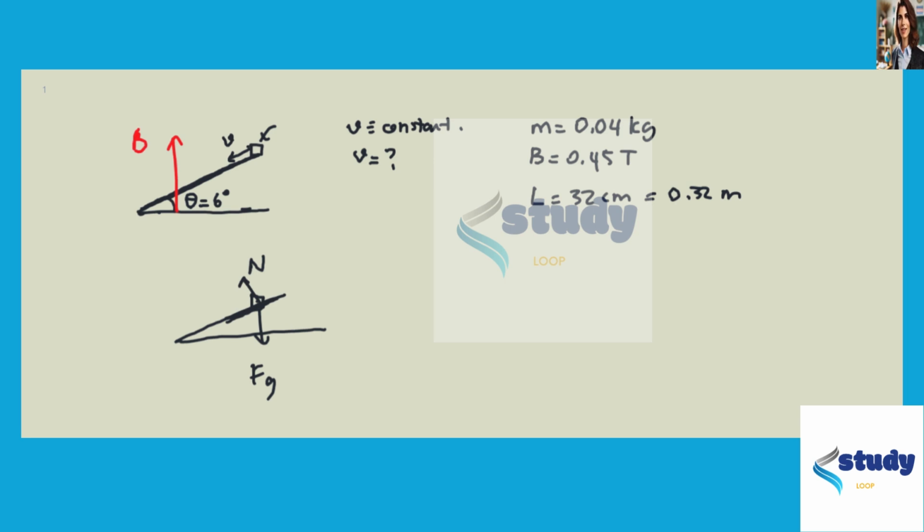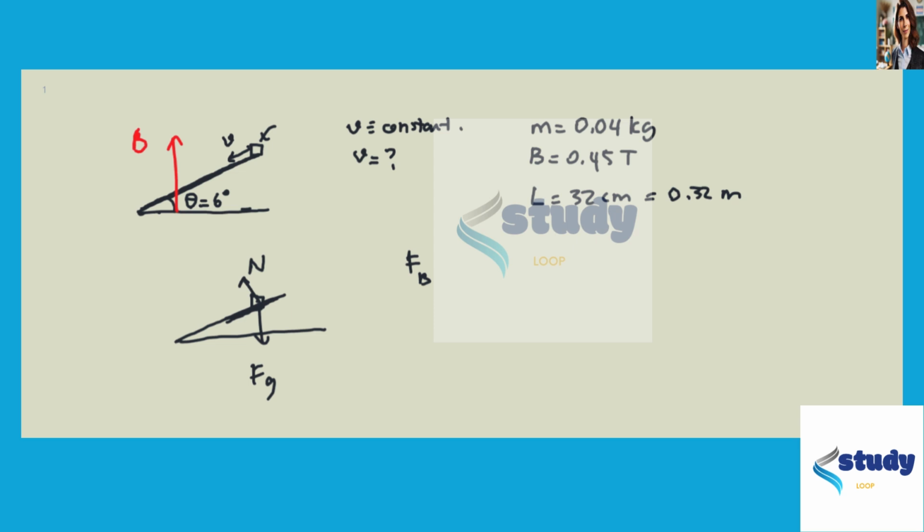And since there is a current in the bar, it's kind of hard to imagine from the side view, but the bar experiences a magnetic force. First of all, we need to determine the direction of this magnetic force, F sub B.